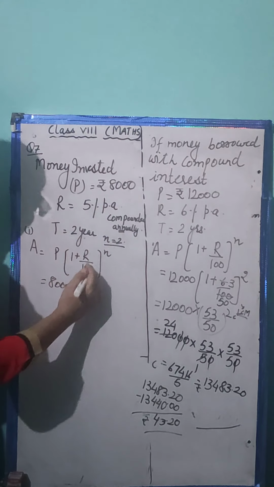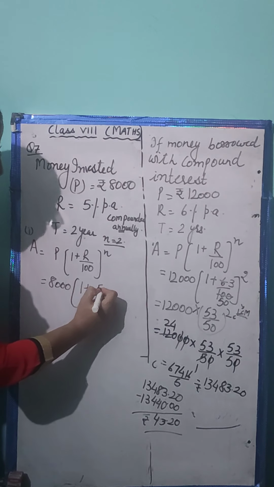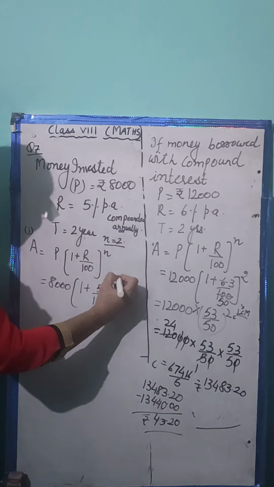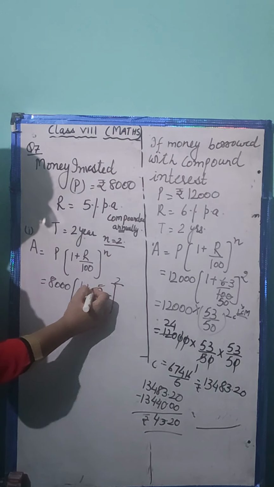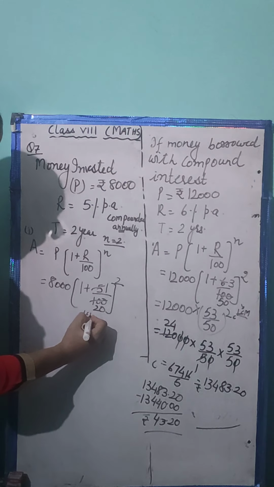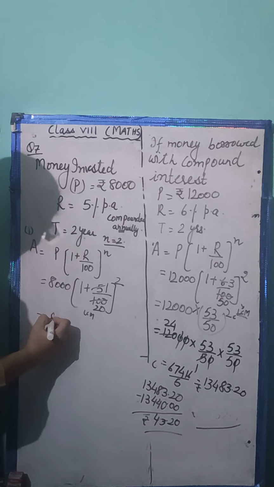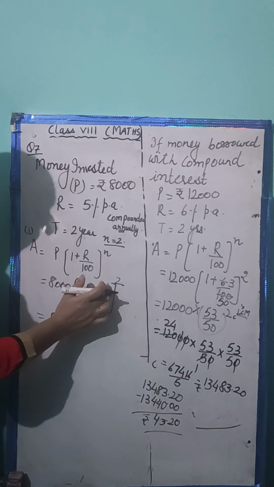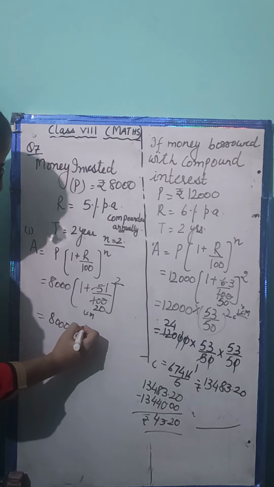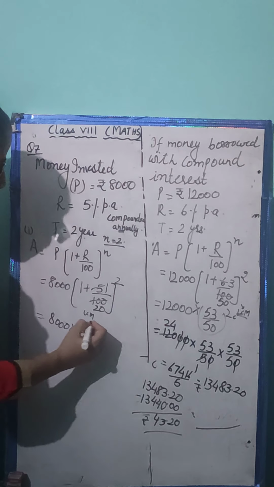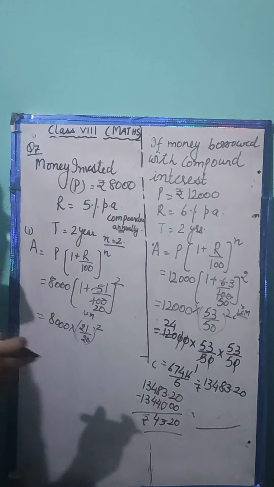Rate is 5% per annum, and interest is also given annually. So I have to put rate is equal to 5. So again I will take LCM. I hope now you are understanding the steps. But I will do 20 plus 1, 21 by 20 whole raised to power 2. Let us solve.